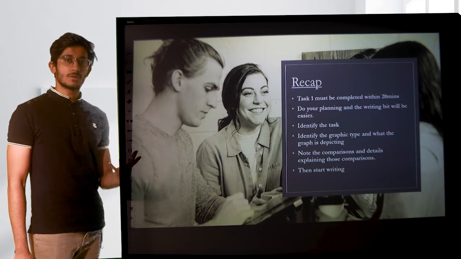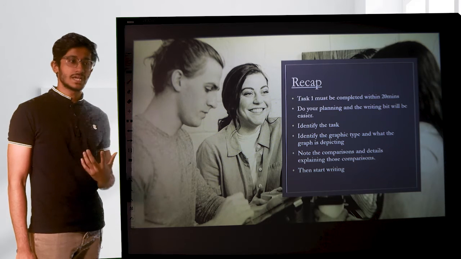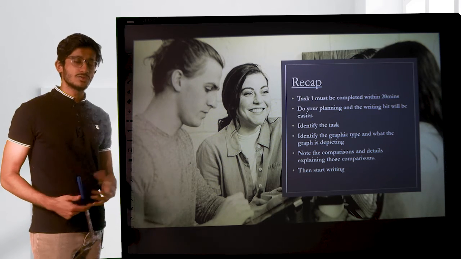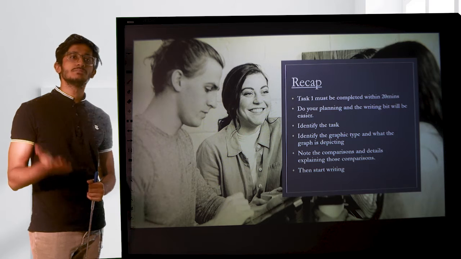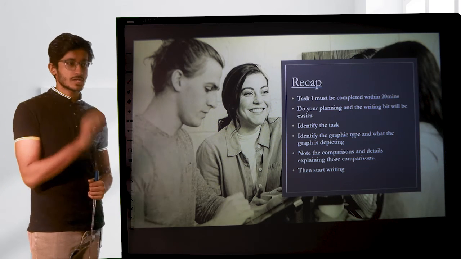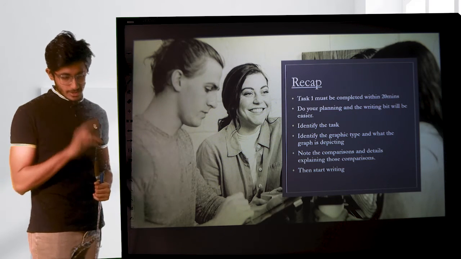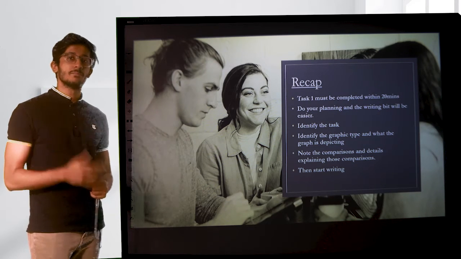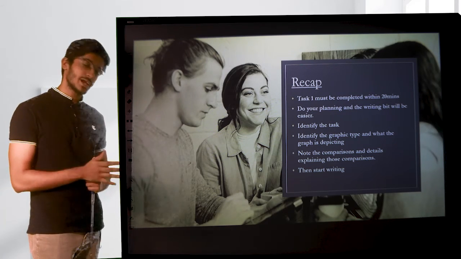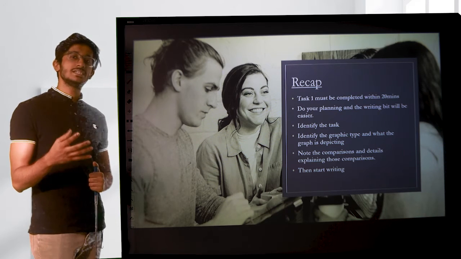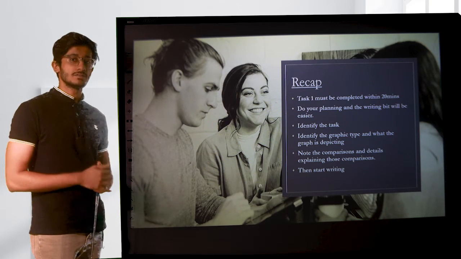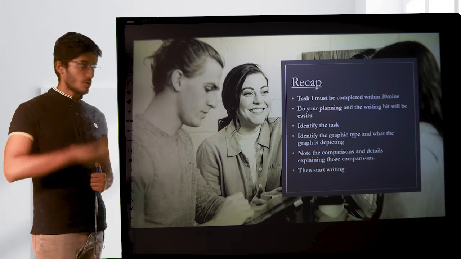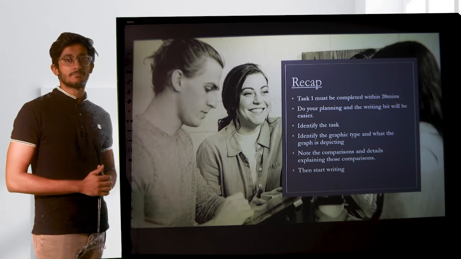You have to determine the topic by looking at the graph type, what the graph is telling you. You have to understand the graph in order to be able to explain the graph. So you have to look at all the elements, look at the axes, look at the title, look at the two dimensions on which it is being compared. Once you have identified the comparisons, you have to look for the details that explain the comparisons. And once you have done all those, you can start writing.